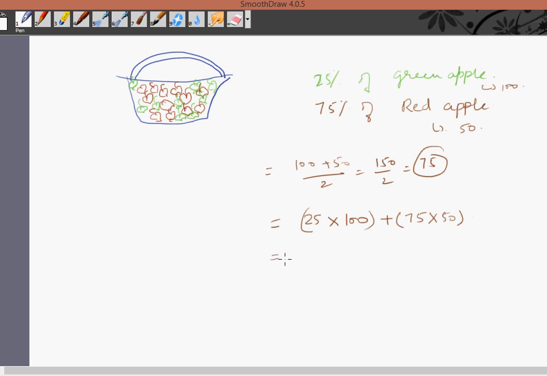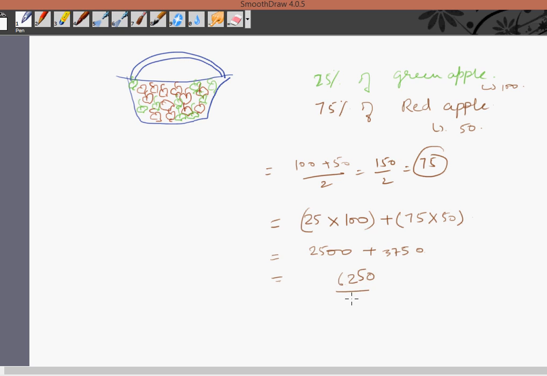What is the result? 2500 plus 3750, so the result is 6250.